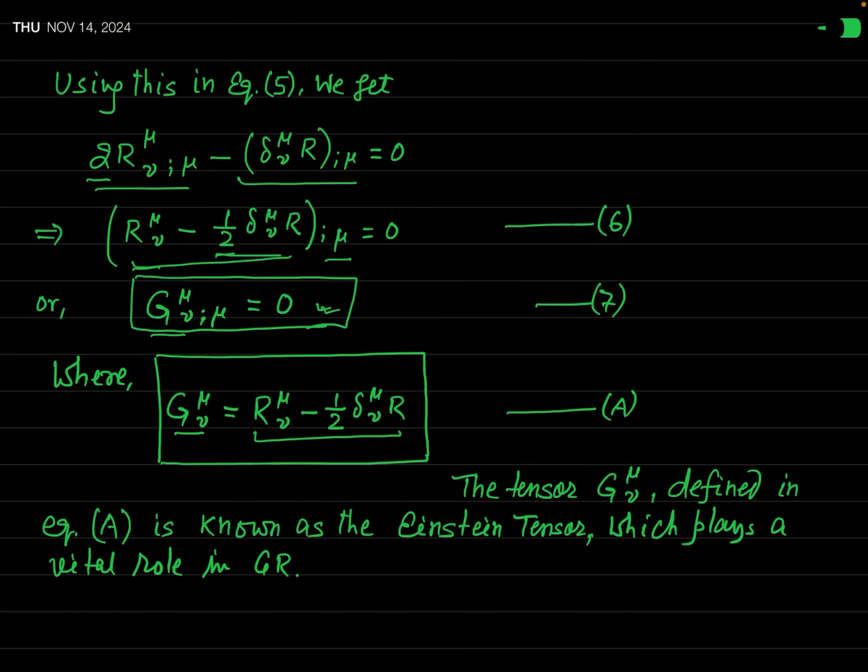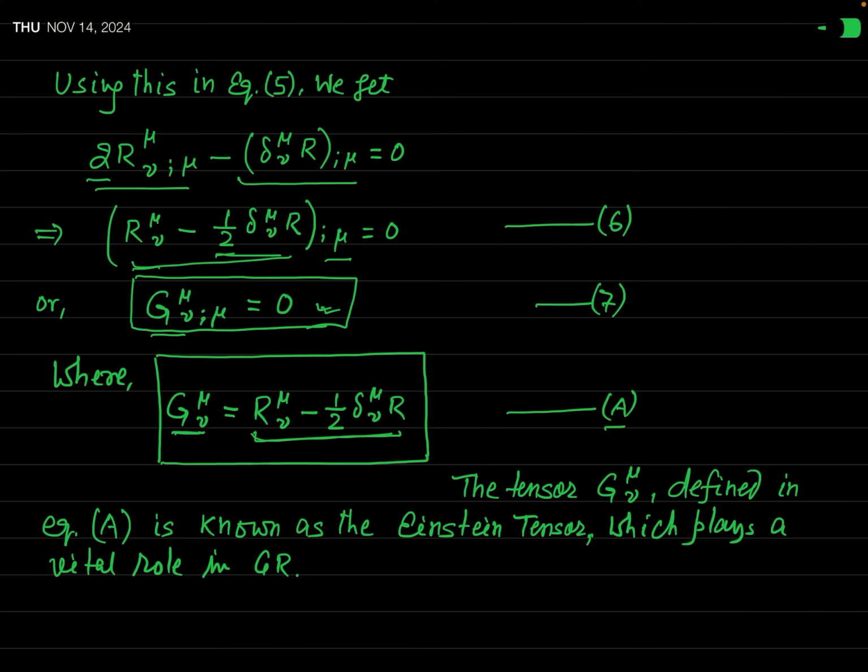This result which I have finally obtained in equation A is for the tensor G mu nu, which is defined like this. This very tensor is called Einstein's tensor. Actually this is the mixed Einstein tensor because there is both a contravariant index and a covariant index. So this is the defining equation of the mixed Einstein tensor.